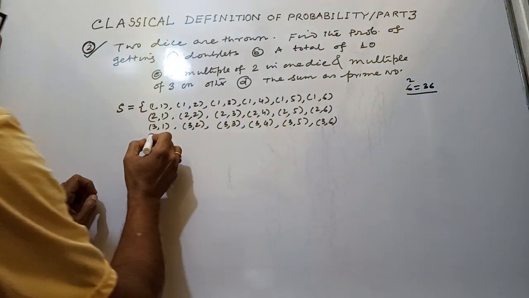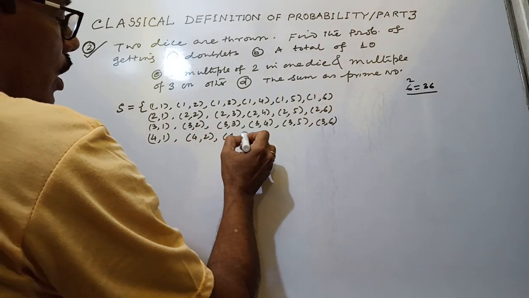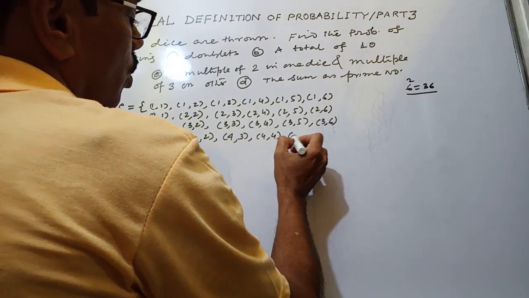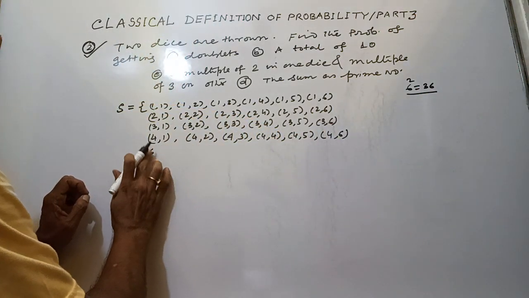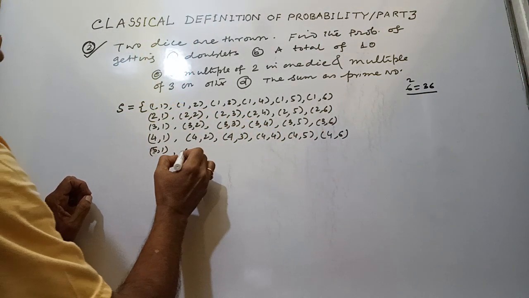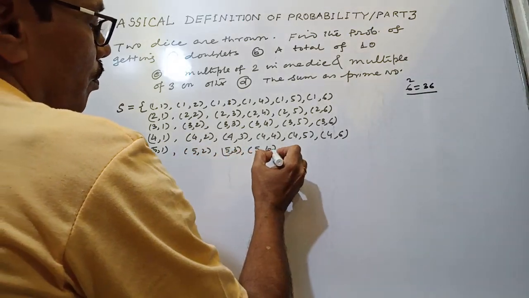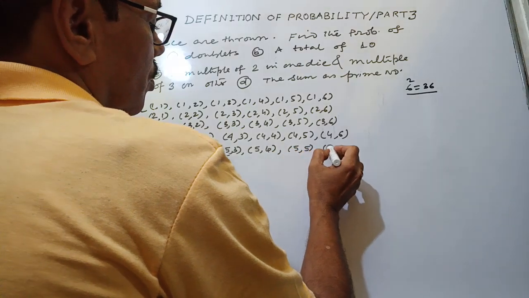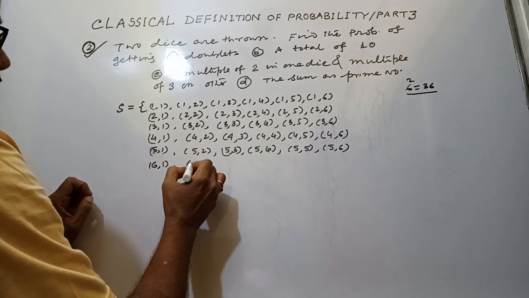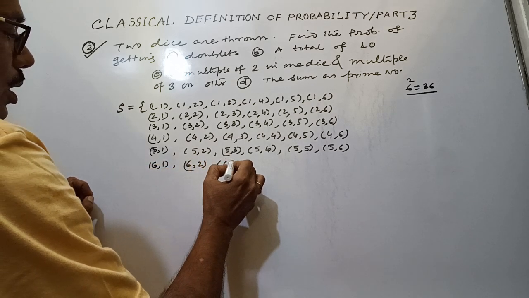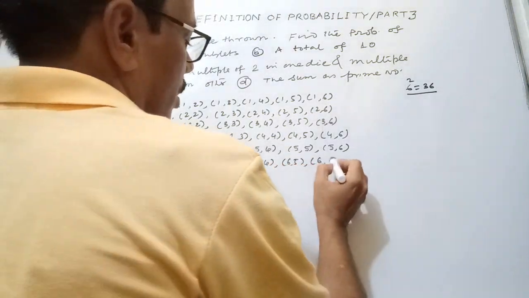Then 4 1 through 4 6, 5 1 through 5 6, and 6 1 through 6 6.